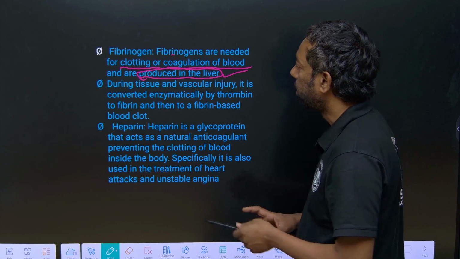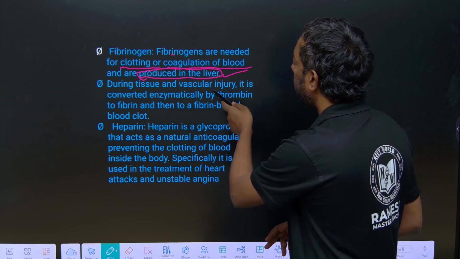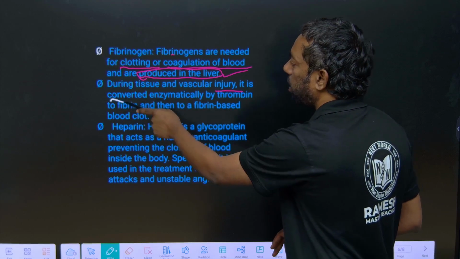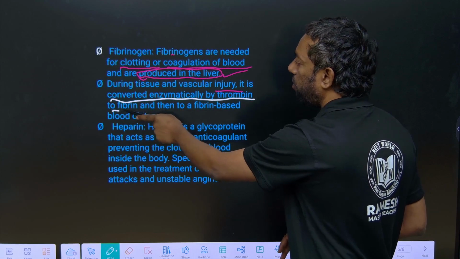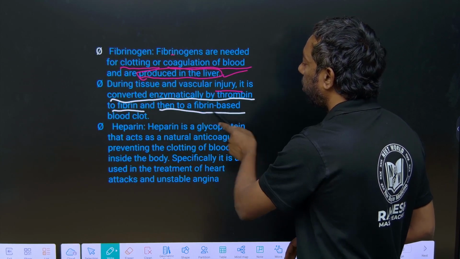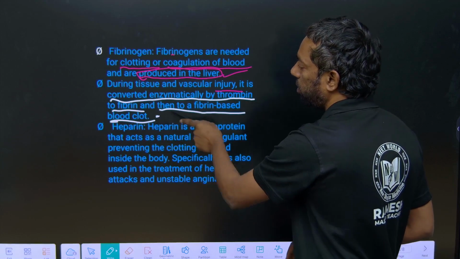During tissue or vascular injury, fibrinogen is enzymatically converted by thrombin into fibrin and then into a fibrin-based blood clot.